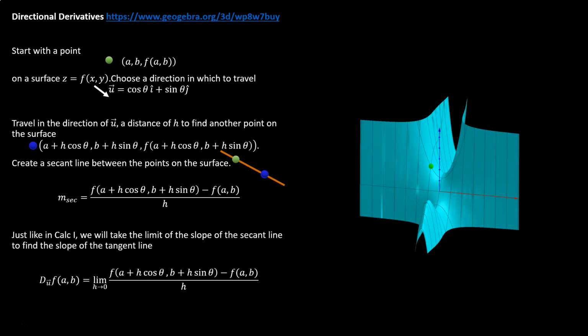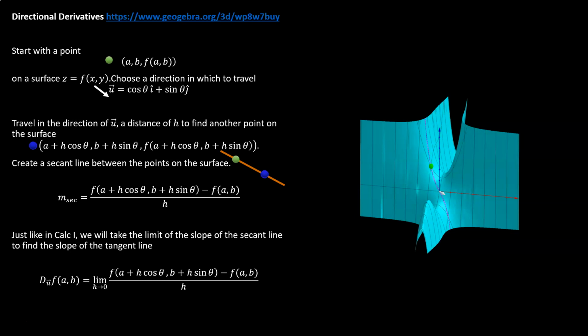The function creates the output z. So the direction that we're going to travel in for this directional derivative is the vector u, and I've added that to the screen. It's a tiny little unit vector. We're going to travel in the direction of u for a distance of h units so that we can find another point on the surface.